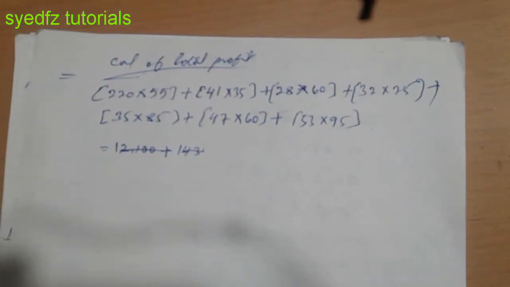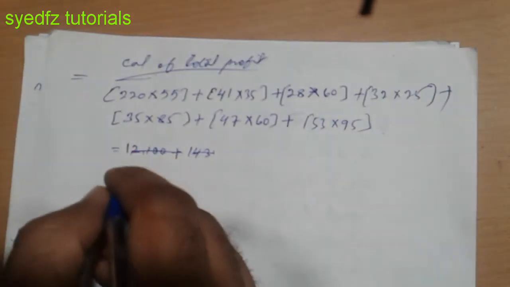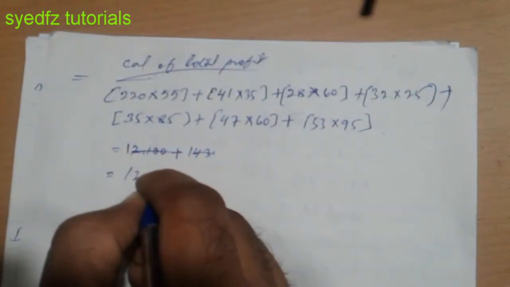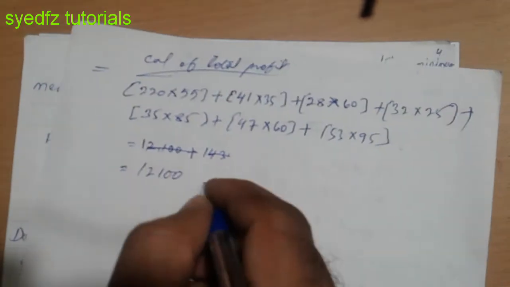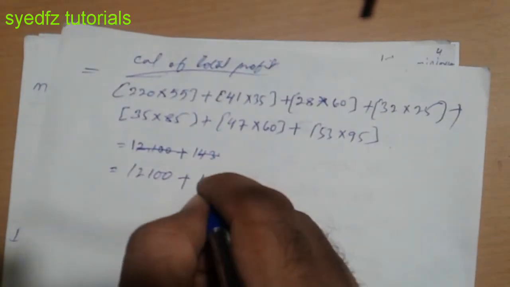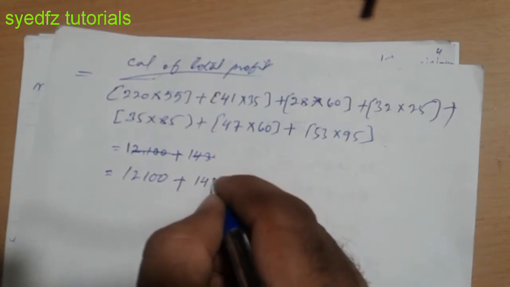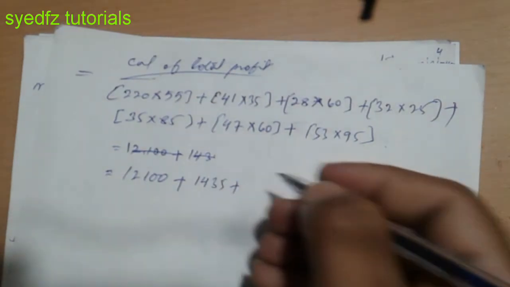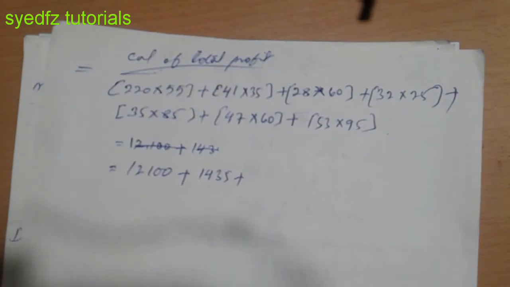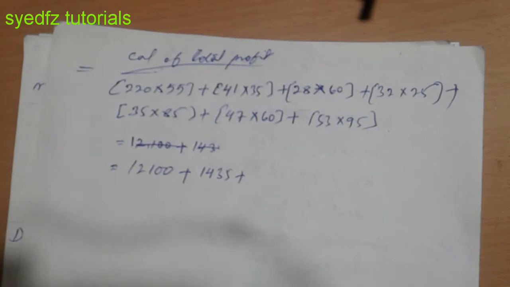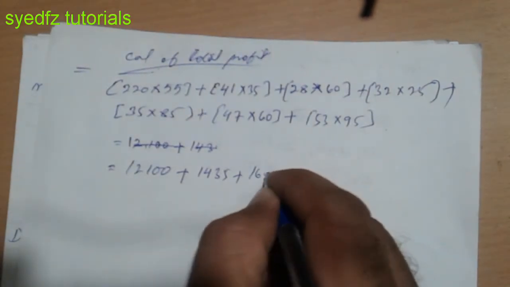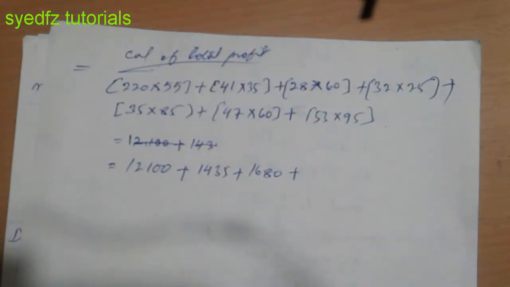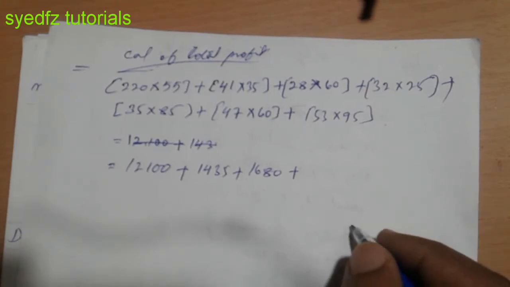Okay, this one is correct. 12,100 plus 1435 plus 28 into 60, which is 1680, plus 32 into 25. How much? 800.